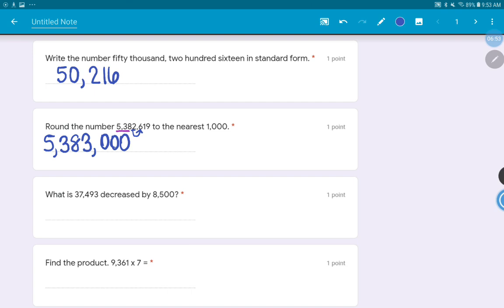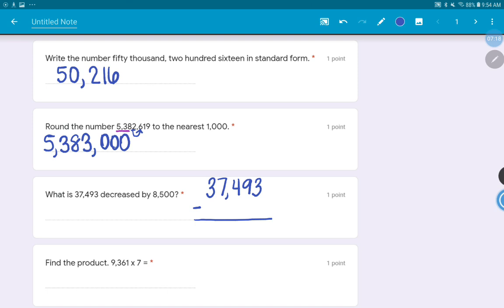So 37,493 decreased by 8,500. How did you solve, Harper? I subtracted 37,493 and 8,500.